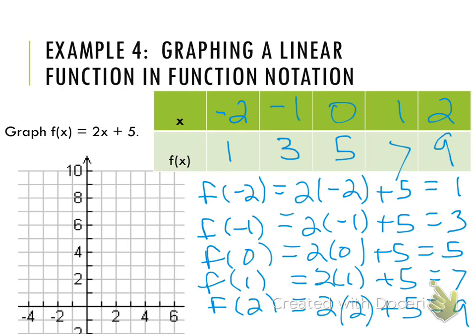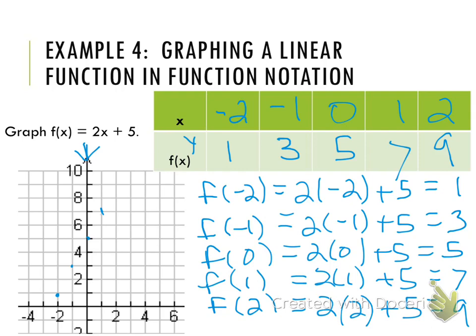And I have those filled into the table. Now we're just going to treat f of x the same as y. Our f of x is going to go on our y-axis. So you're just going to look at -2, 1, and put a point. -1, 3. 0, 5. 1, 7.